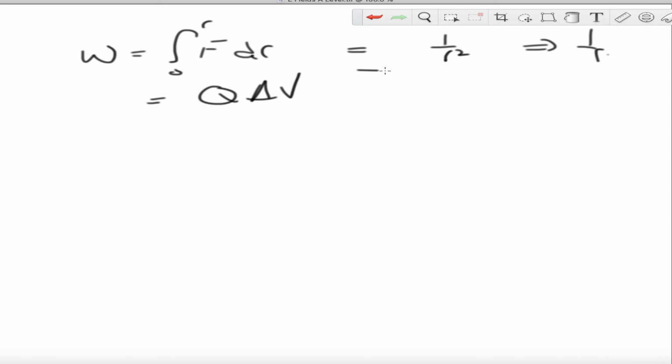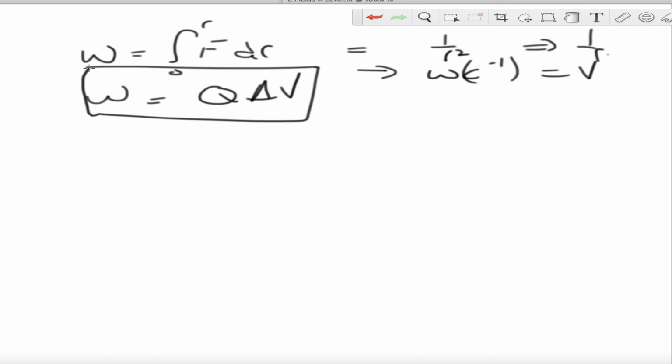So that then, of course, the work done per unit charge is the potential. So there's a relationship that is useful to you. You don't need to know where it comes from, but I just thought I would tell you that if you're into maths.